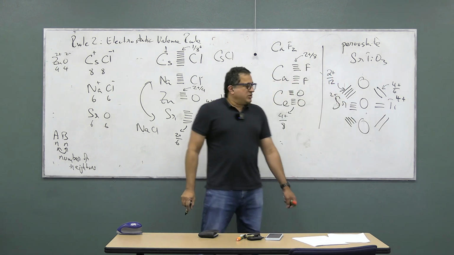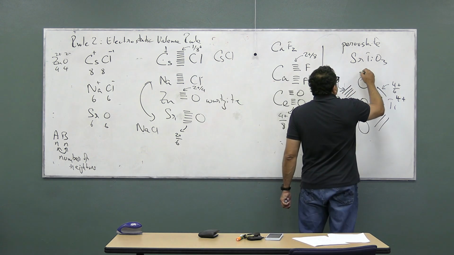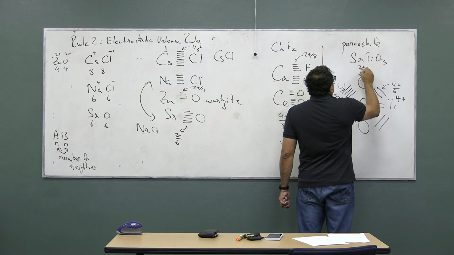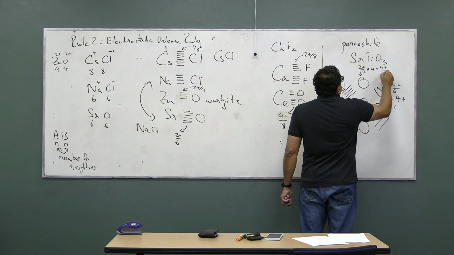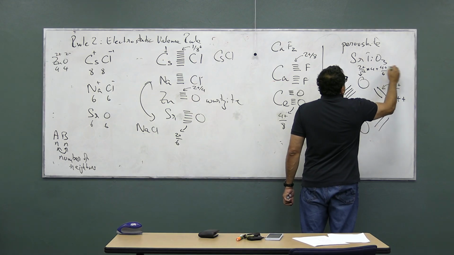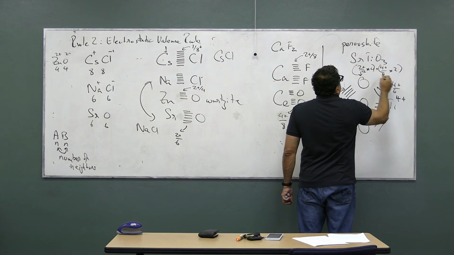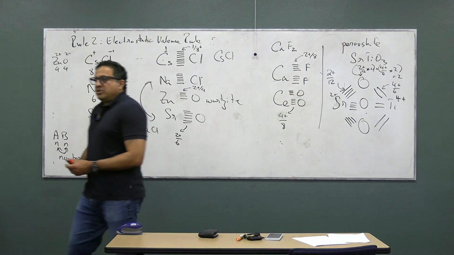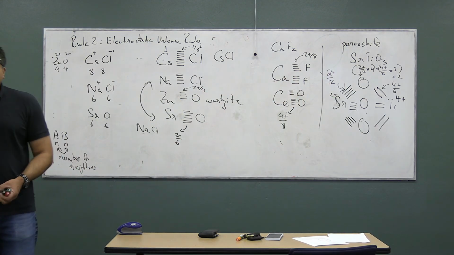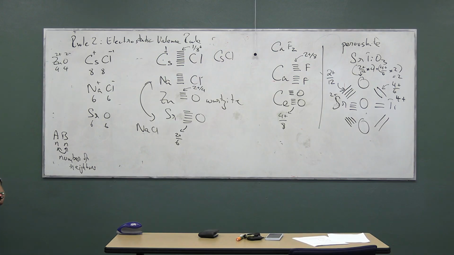So for each oxygen, 2 plus over 12 times 4, plus 4 plus over 6 times 2, is equal to 2. So the oxygen gets its 2 electrons from each oxygen being 4 connected to strontium and 2 connected to titanium.